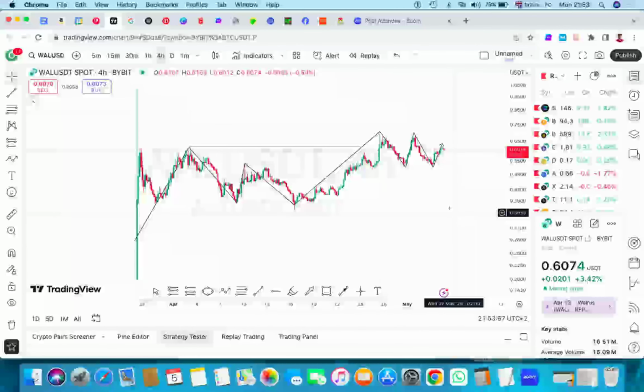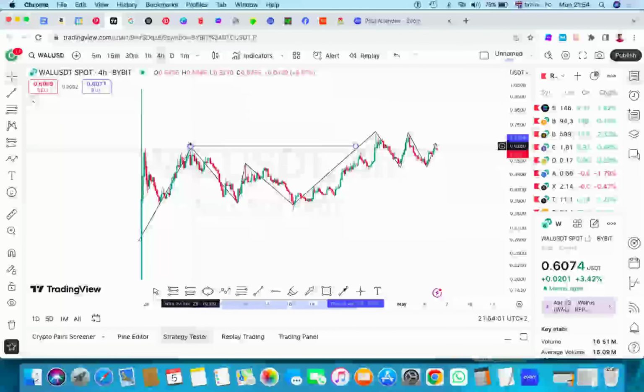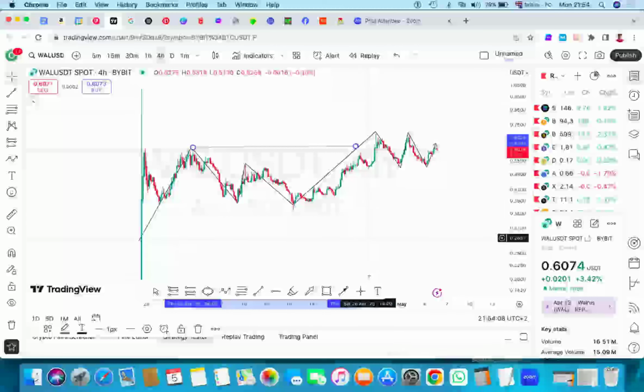So now, what do you guys see here in the 4 hours chart? Are we still in an uptrend or are we in a downtrend? Please type in the chat box. Let me see. Do we think the trend has changed, or what do we see here?